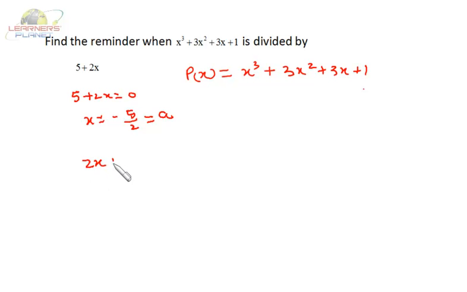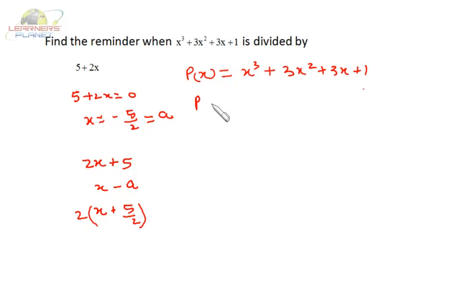So it's 2x plus 5, and we can write 2x plus 5 as x plus 5 by 2. That means a is minus 5 by 2.